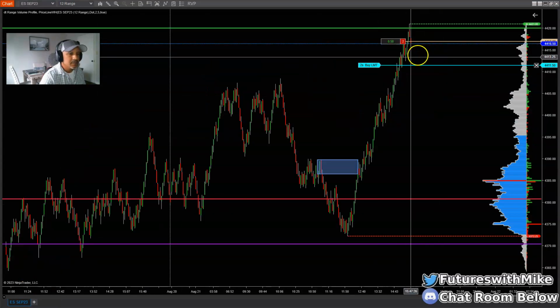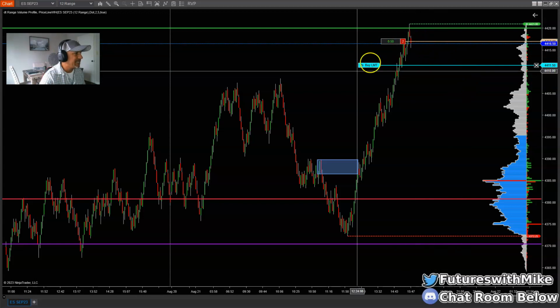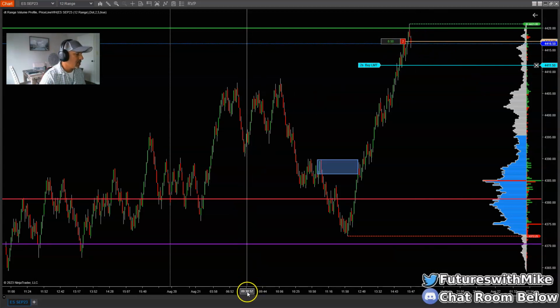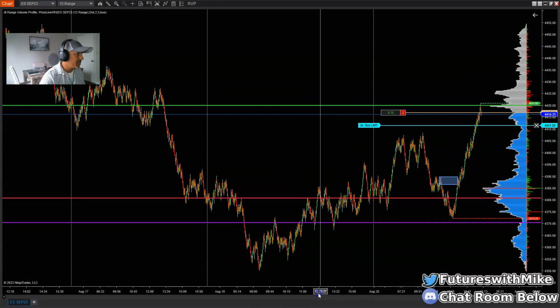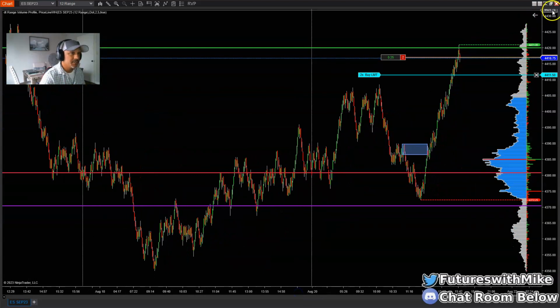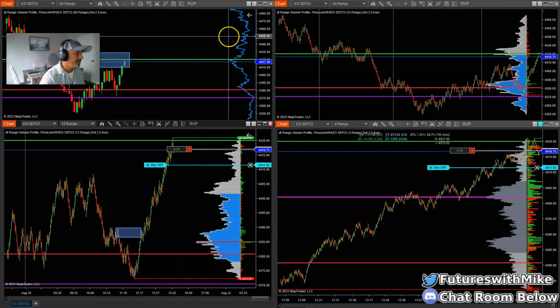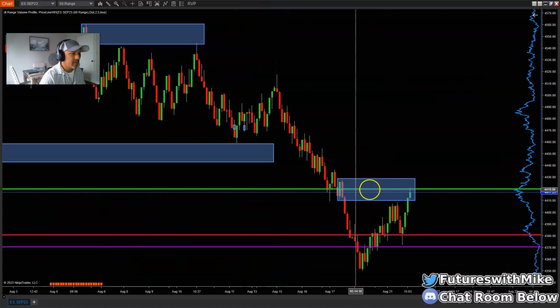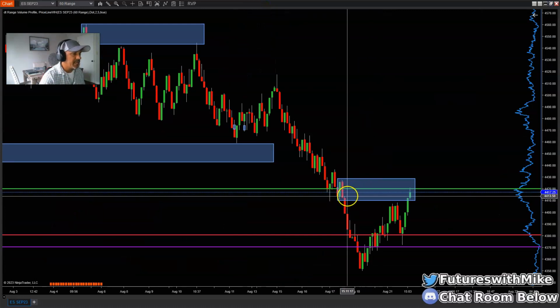All right, into the close of today, we just tapped into that 12-hour area of supply that I mentioned. I'm going to show it to you again. 60 range supply zone right here.